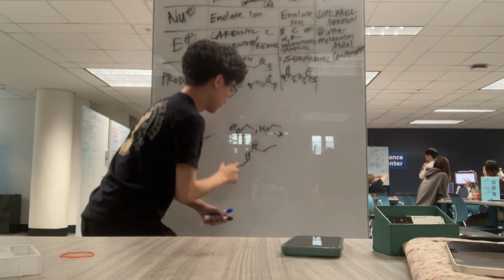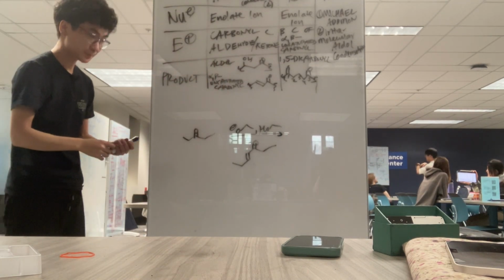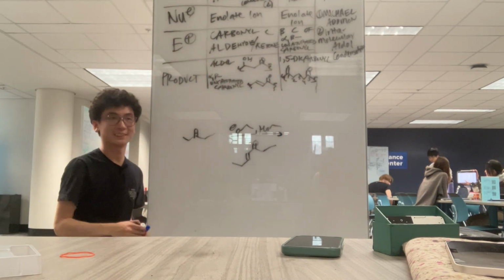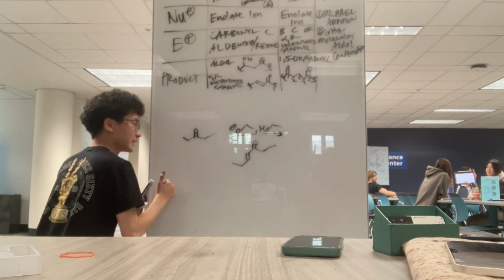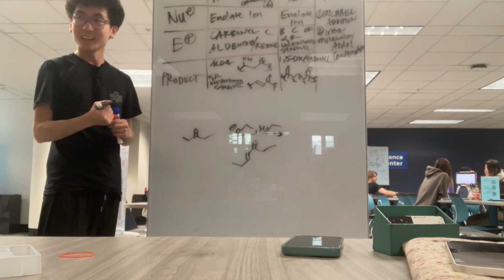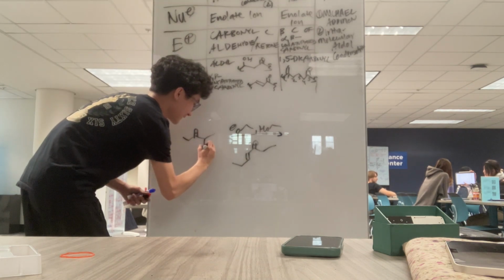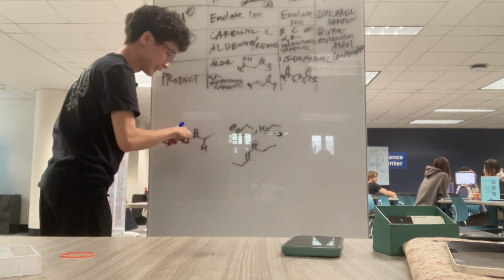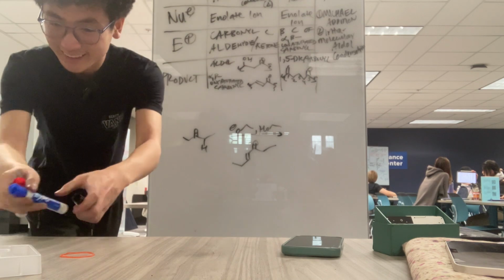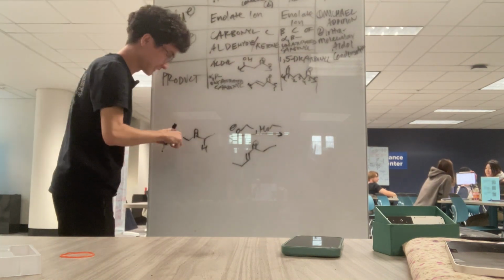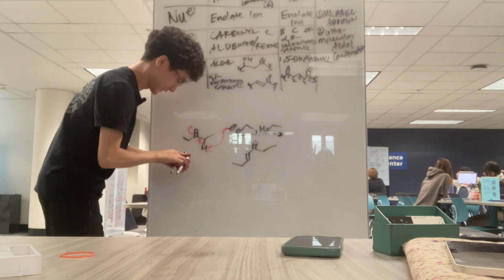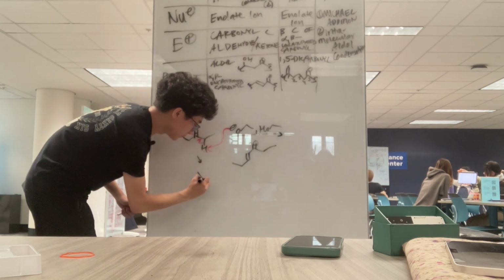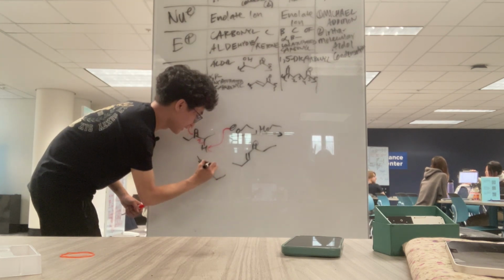What do you guys think is going to happen first between this strong base and this carbonyl? What's the most acidic hydrogen we have in this molecule? The alpha hydrogen. So we're going to deprotonate that alpha carbon to generate what ion? Enolate ion. That generates our nucleophile. But what's my nucleophilic atom? The O minus or the alpha carbon? Alpha carbon.